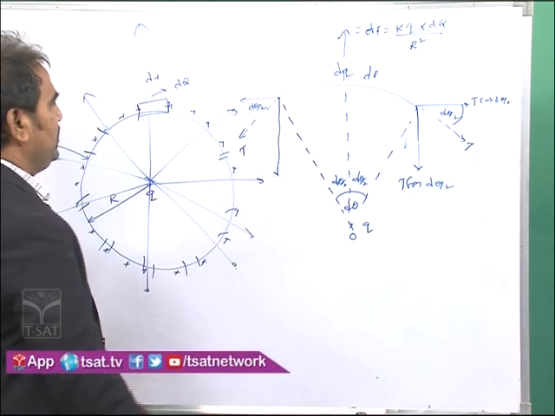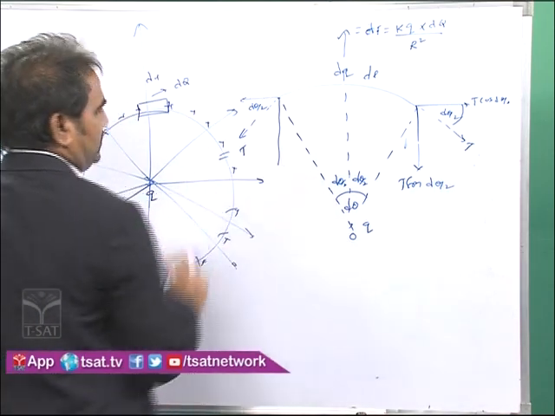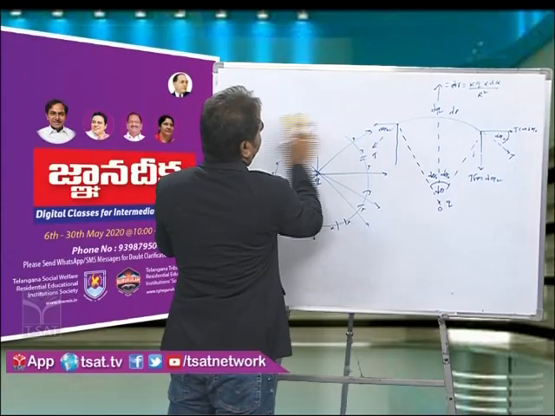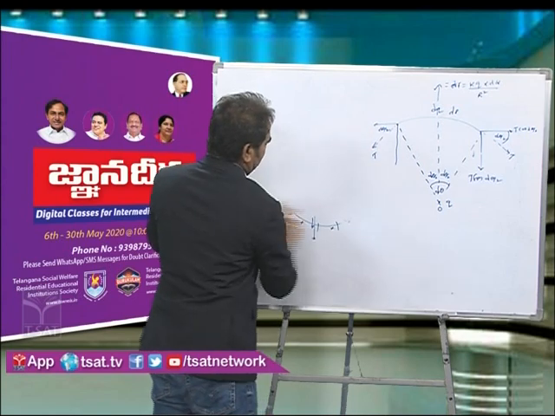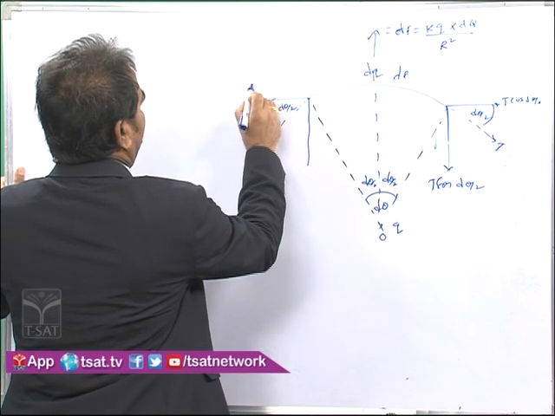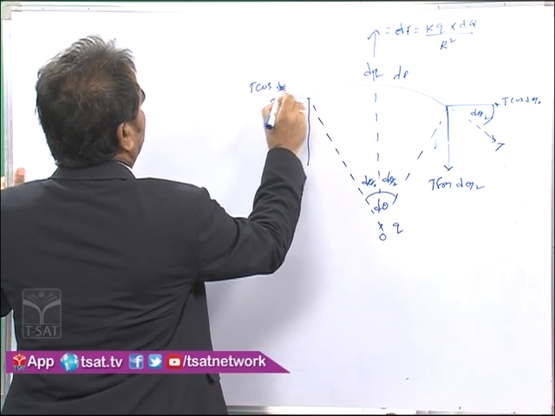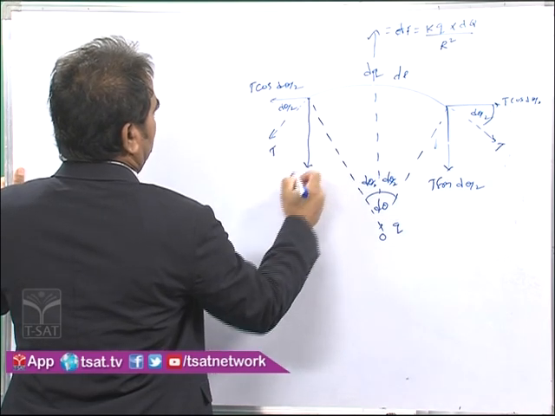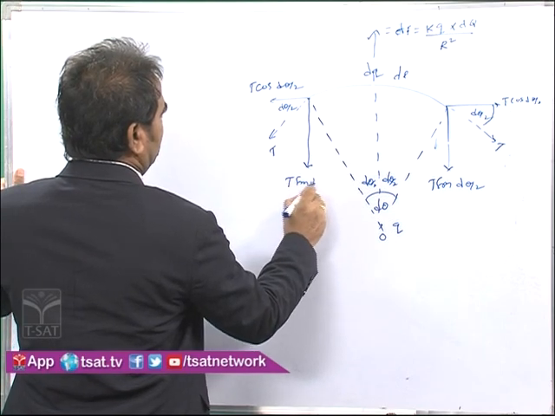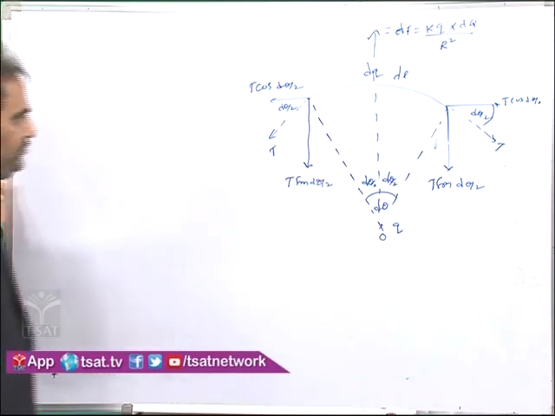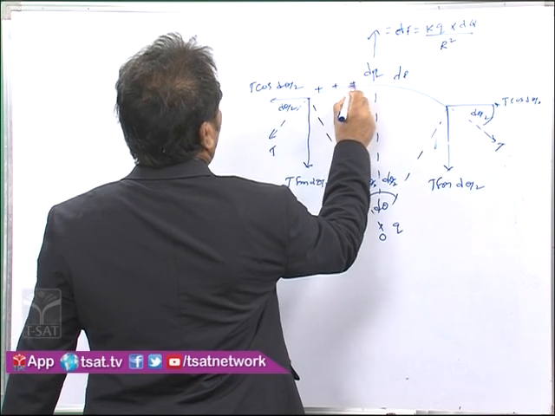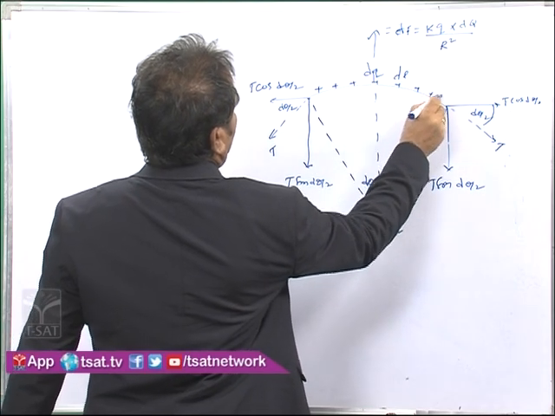On the other side it is the same: this T can be resolved into two rectangular components, T cos d theta by 2, and T sin d theta by 2. Right? Here some amount of the charge has to be distributed like this.